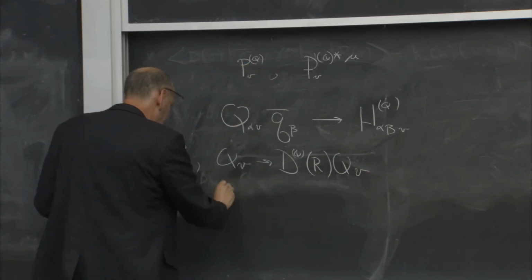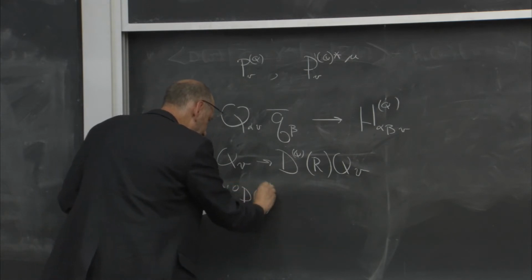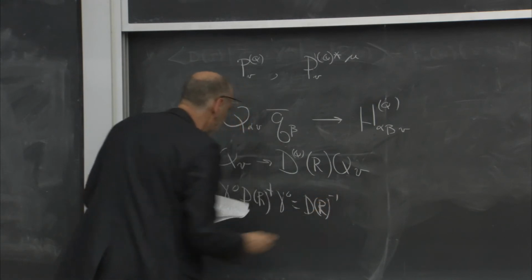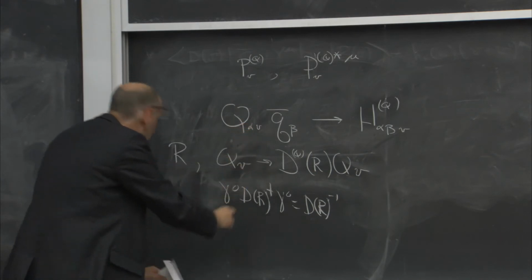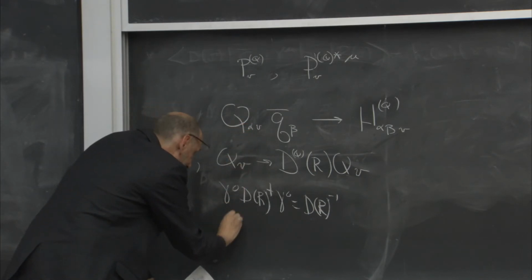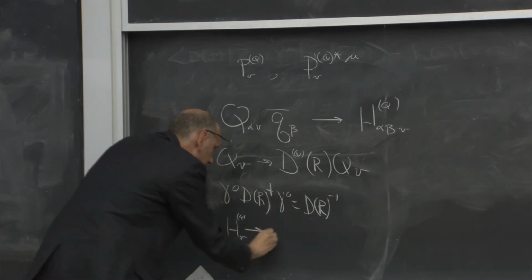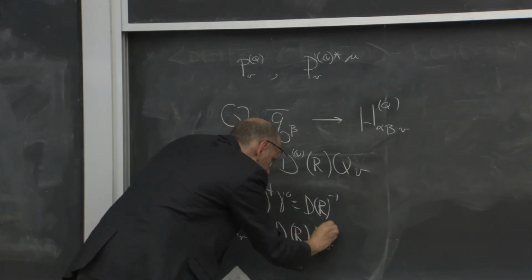And these matrices, for example, satisfy gamma naught D(R) dagger gamma naught equals D(R) inverse. And so under this same rotation, because that's how Q transforms, I know right away that H_v^Q goes to D(R) H_v^Q.